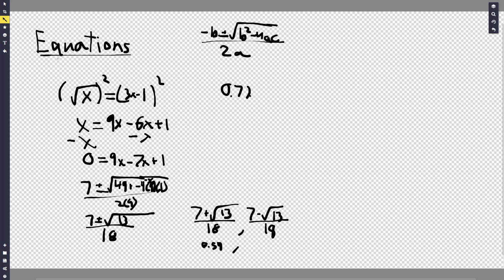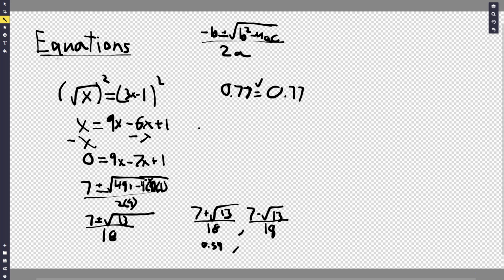And now if I plug it into 3x minus 1, 0.59 times 3 minus 1 is about 0.77. And so we can tell that that matches.